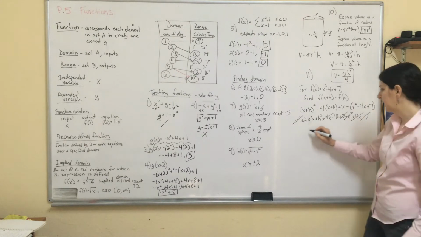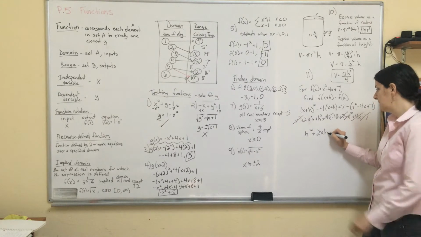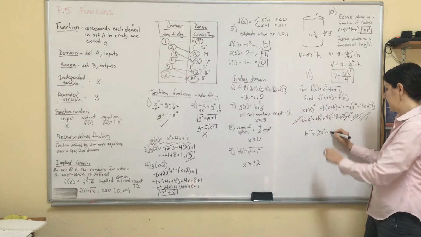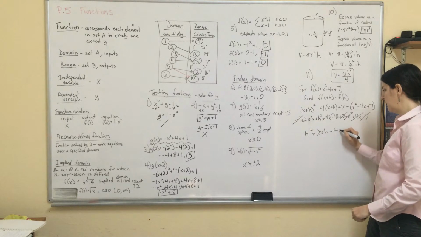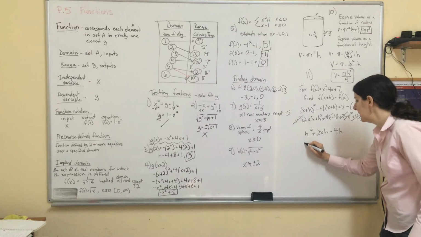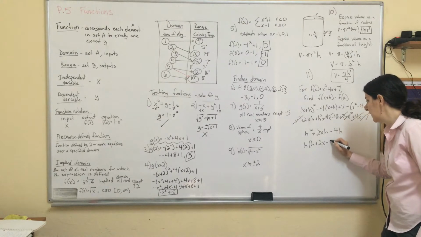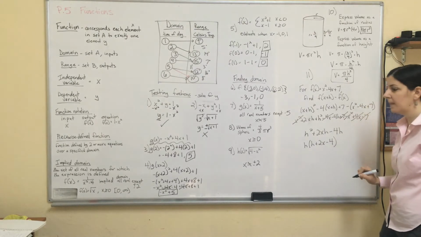I think that's it. So we have h squared plus 2xh minus 4h. I see we have h's in common here, so I'm going to take an h out. h times h plus 2x minus 4.